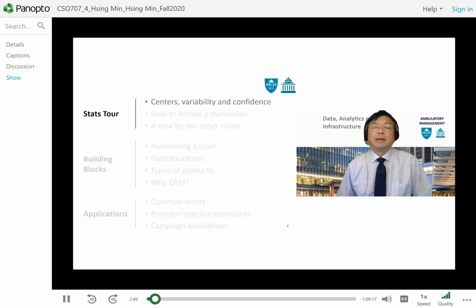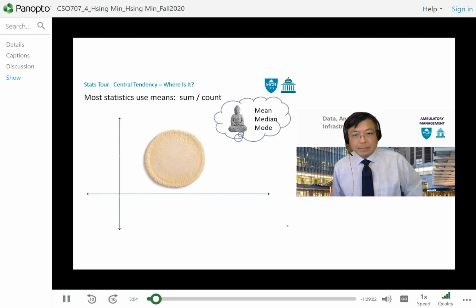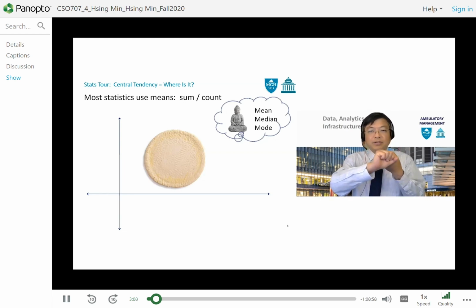Here we go. So we'll start with a quick run through of some basic statistical concepts, focusing on a few key practical takeaways. So statistics is just a formal mathematical way to answer everyday quantitative questions in a consistent, provable way. There's a hierarchy of questions. The first question is, where is it?